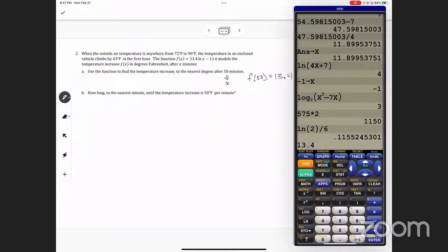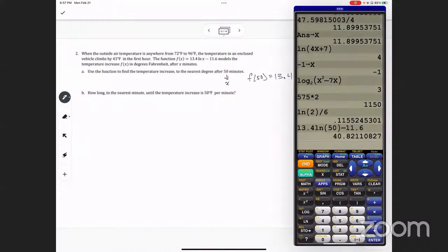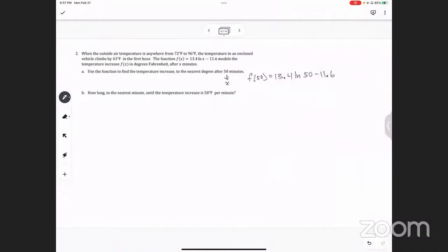13.4 times the natural log of 50 minus 11.6. Just hit enter, and there you go, 40.82. So 41 is the nearest degree.